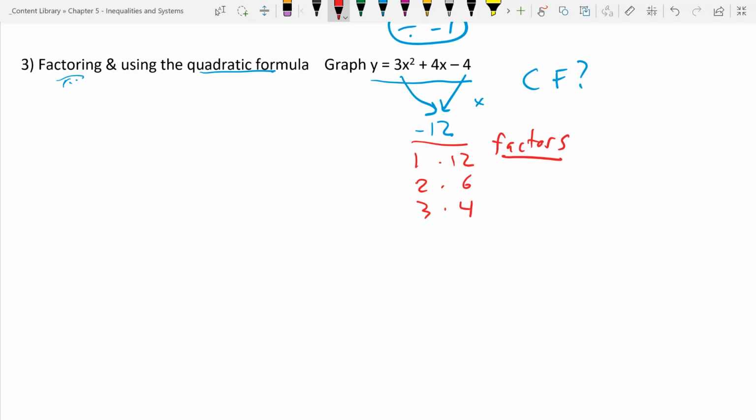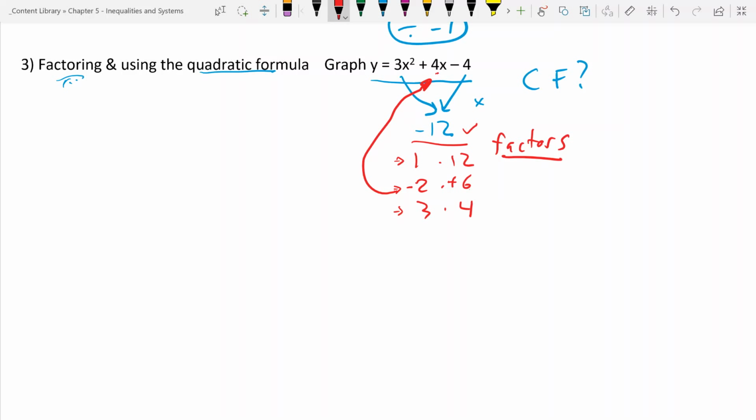We want to find which of these pairs adds to 4 in the middle. 2 and 6 are the two that work. I need to make positive 4, which means a positive 6 and a negative 2. Let's double check: negative 2 times positive 6 gives me negative 12, and 6 minus 2 gives me positive 4, so that works.